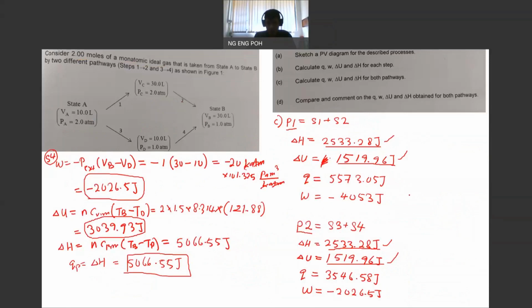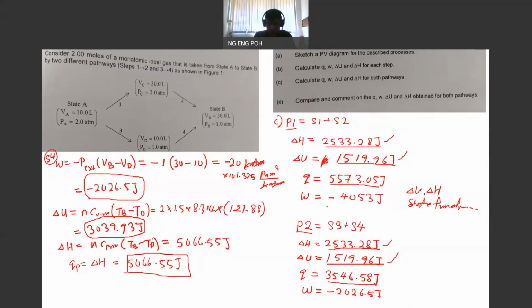So that means delta U and delta H are state functions. Whereas for Q and W, you can see the Q value is 5573.05, and here Q is 3546.58. So they are different.